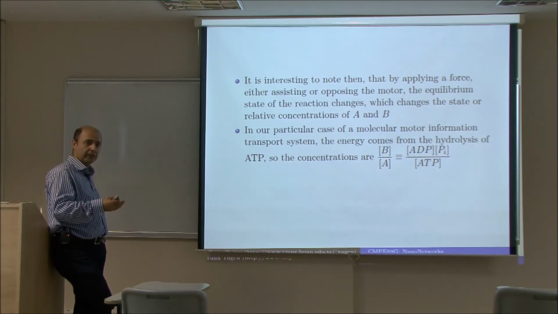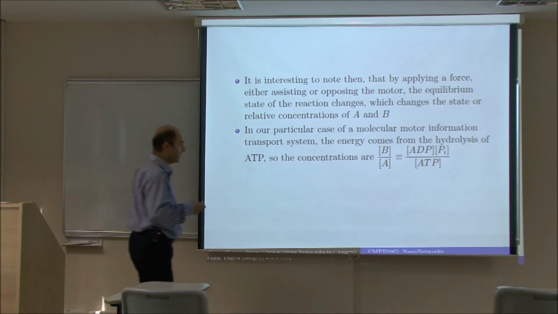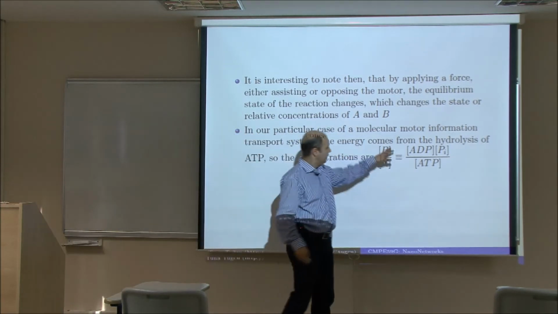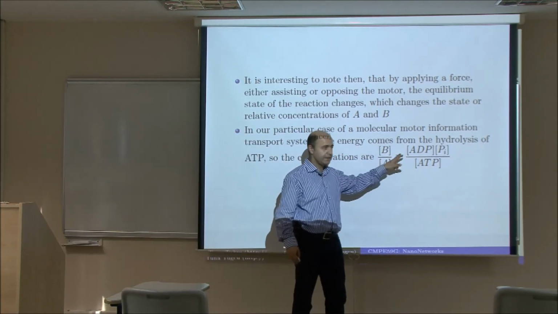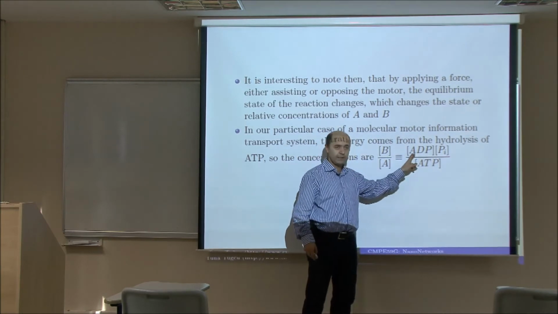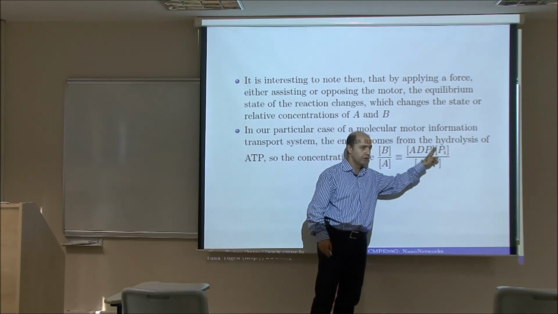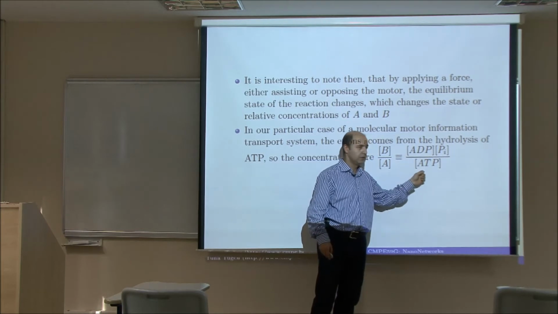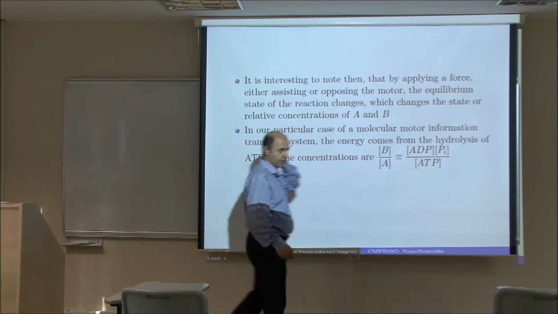The outcomes are ADP and phosphate ion. So instead of B, now I can write the concentration of ADP times the concentration of the phosphate ion, over the input to my chemical reaction, which was ATP.